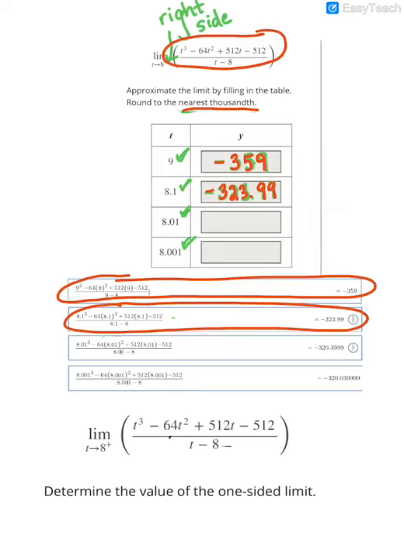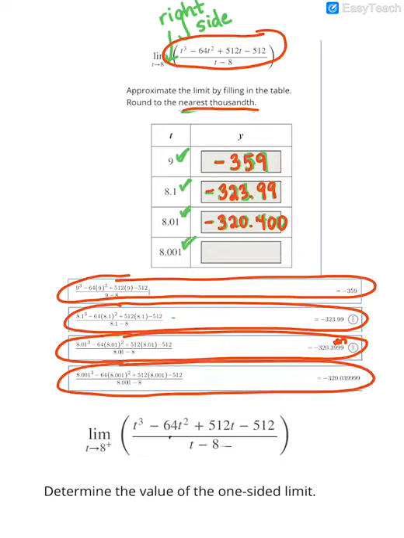And then when I plugged in 8.01, my y value is negative 320.3999, and going to 3 decimal places, that 9 is going to round up to a 0, which will round that one up, so it's going to round to negative 320.400 to the nearest thousand. And then finally, when I plugged in 8.001, again looking at 3 decimals, the 9 is going to round that 39 up to a 40, so we're at negative 320.040.